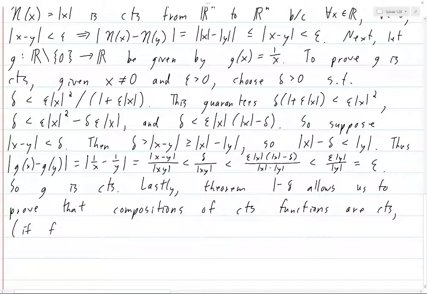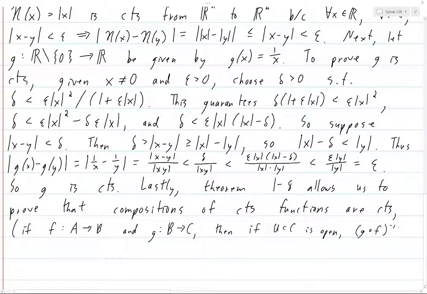If f goes from a to b and g goes from b to c, then if u in c is open, if we take f of g, no, this would be g of f inverse of c. So g of f means first you apply f and then you apply g. So if you take the inverse of g of f, first you pull it back through g and then you pull it back through f.